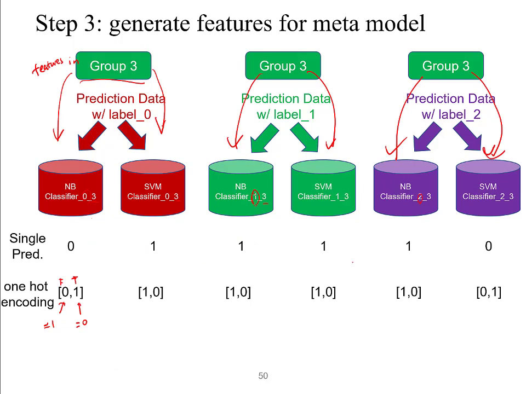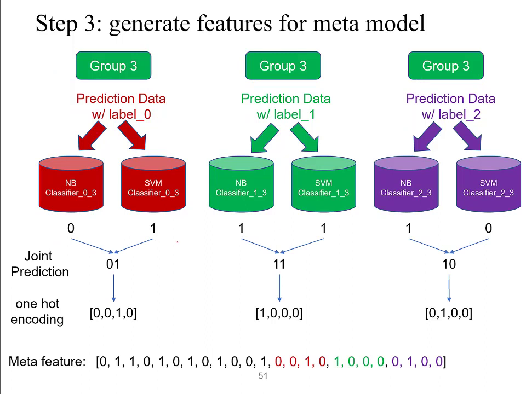We can just take the single predictions as here, but we combine 2 of them from the same label system to form a joint prediction. So we have 0, 1, 1, 1, and 1, 0 here. And as you can imagine, all the possible joint predictions would be 0, 0, 0, 1, 1, 0, and 1, 1. So 4 different possibilities.